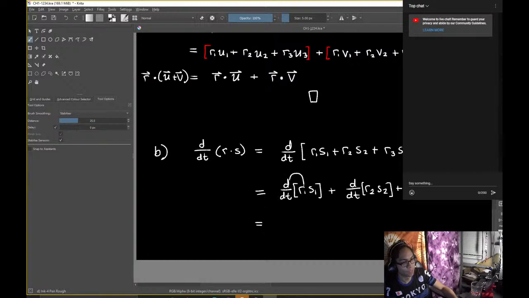So it's basically d/dt influencing the r1 first. So d/dt of r1, leave out the s1. I'll organize it like this: dr1/dt, leave out the s1, plus.